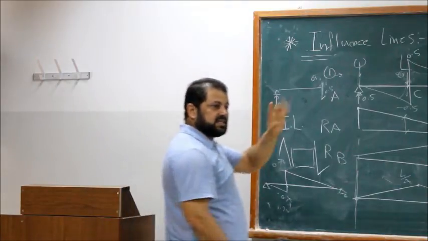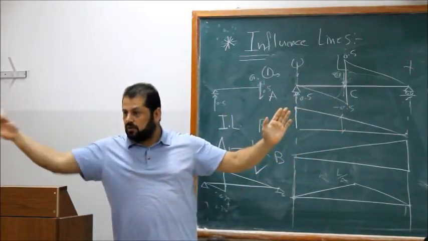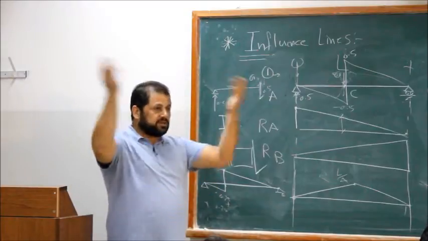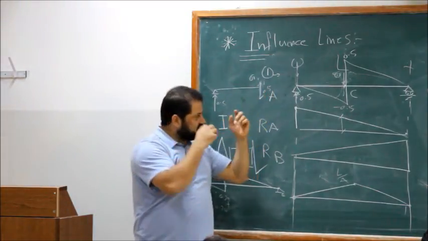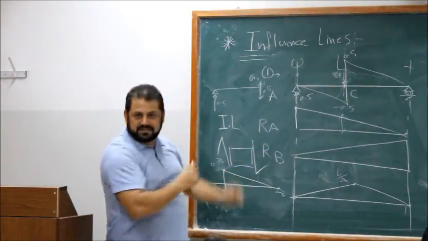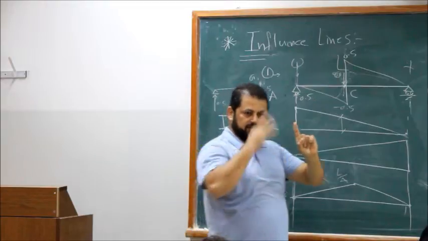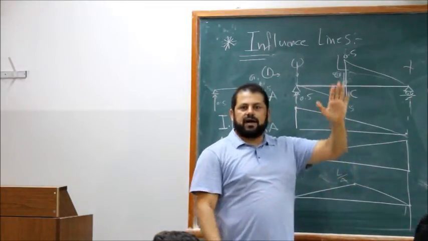The moving load is just a unit load. Now what if you have actual loading, given to you, like cars? Then the second question is how to place it to maximize. When you have a concentrated load, one concentrated load of 100 kilonewton.